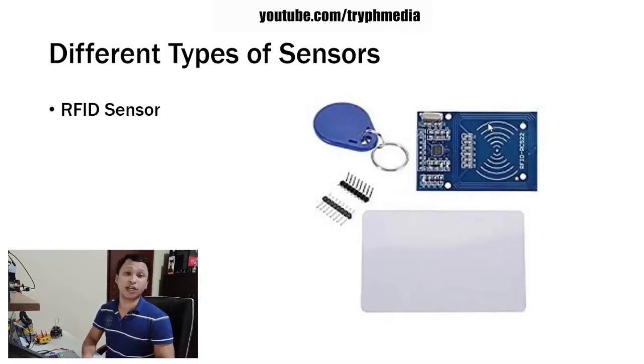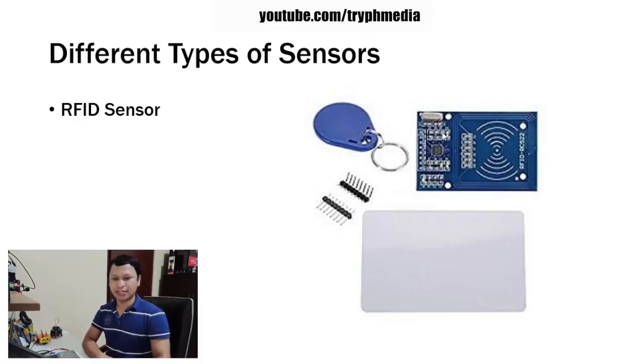Another is an RFID. Basically an RFID sensor detects a radio frequency. This is similar to a card that we use for transportation, like the train, or sometimes in the company you have your RFID where you just tap on the turnstile and then it lets you in.